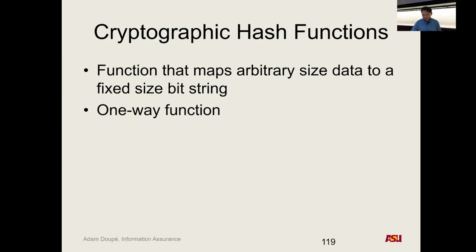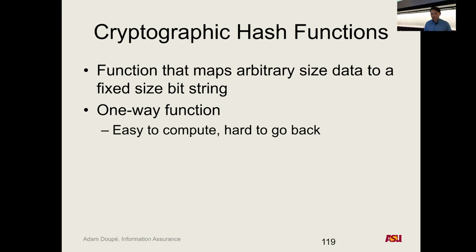So the fixed size output and one-way functions is the compute and how to go back. I guess you may use the hash functions. Hash functions produce the output very quickly. There are very minor differences in computation between a tiny input and a huge input.